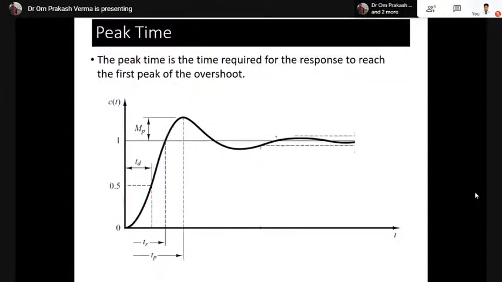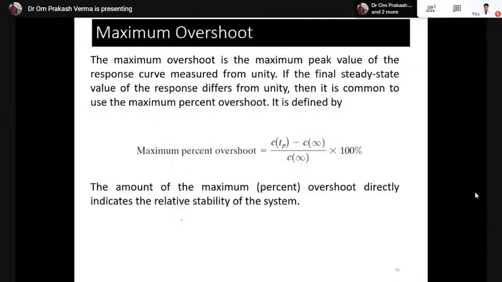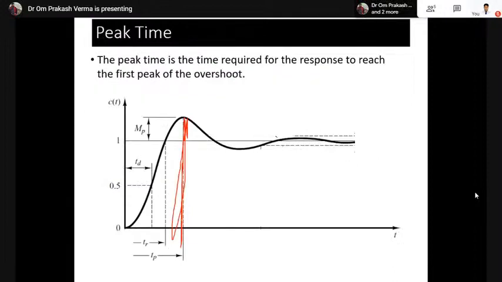So the peak time is this one. The peak time is the time required for the response to reach the first peak of the overshoot. Okay, one question had been asked in the GATE examination, as I remember. They asked about the second overshoot.